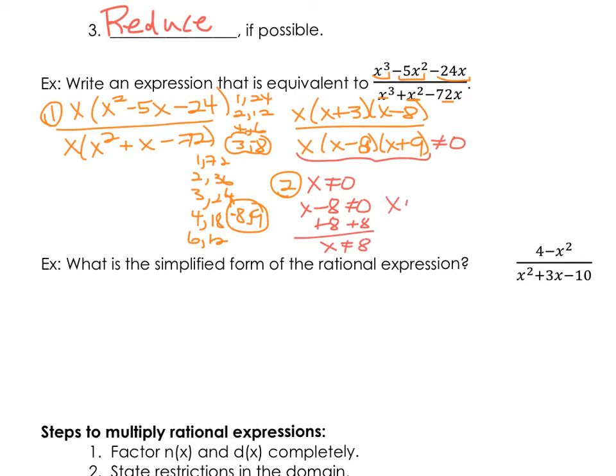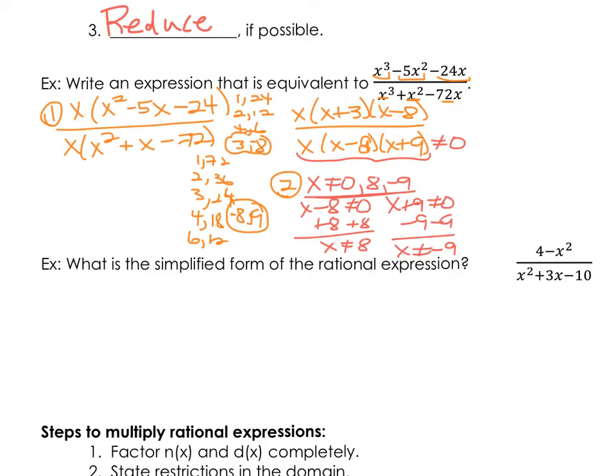If we set x plus 9 can't equal 0, and we move 9 over, x also can't equal negative 9. We have 3 numbers for our restrictions, 0, positive 8, and negative 9. Otherwise, x can be anything else in this expression.